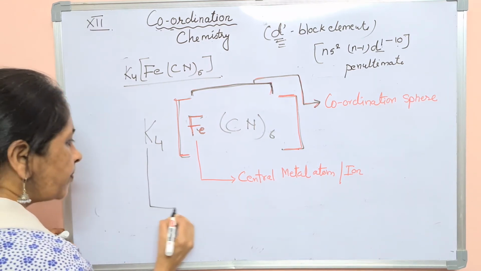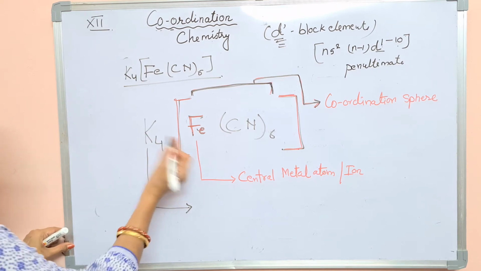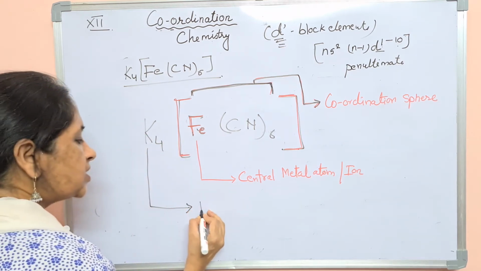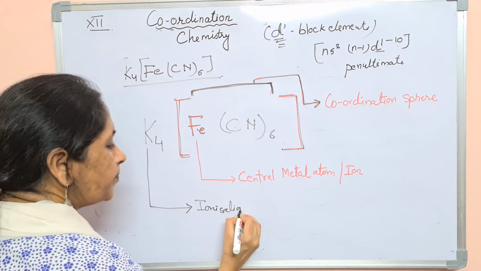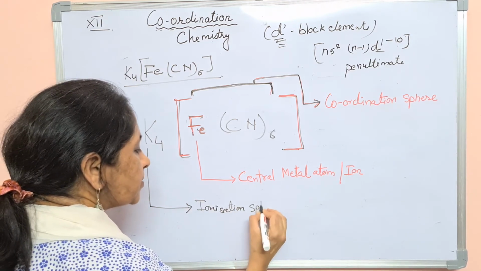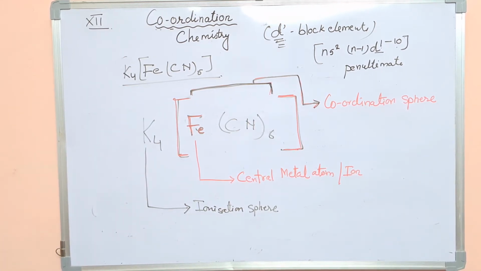नाउ potassium is present outside this square bracket, so this is called the ionization sphere. ठीक है.